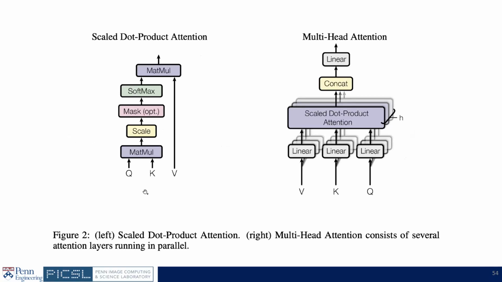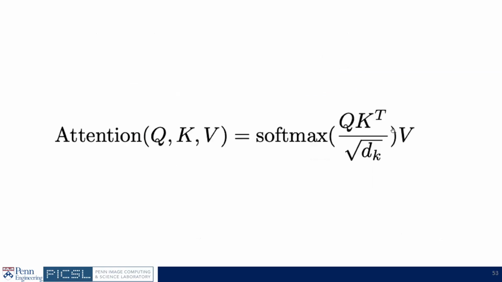So on the left, again, you have Q and K, which get multiplied, aka dot product, which tells you some kind of similarity. You scale them, and then you pass that through a softmax, and then V. This is what I told you.